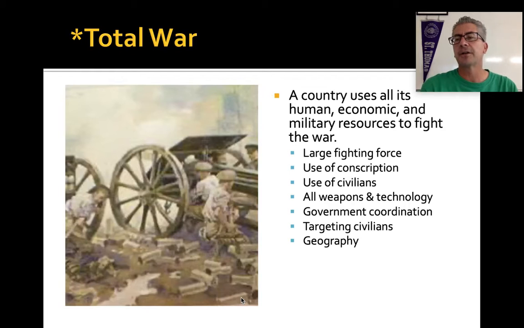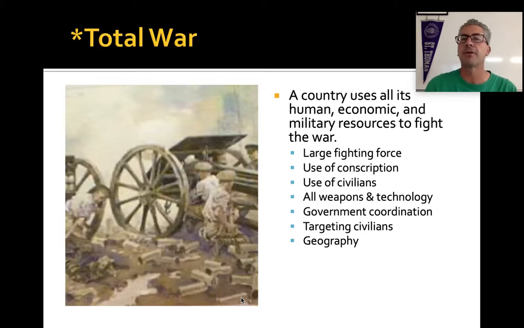All sectors of society are going to be utilized here, and all groups are going to be utilized here during some of these conflicts. All weapons and technology, 20th century is definitely a killing century, and what contributes to it is the innovation of technology and the weapons as these wars progress throughout the 20th century.